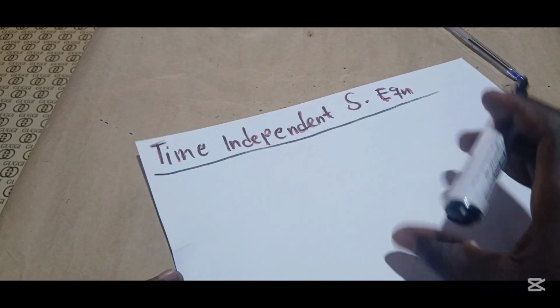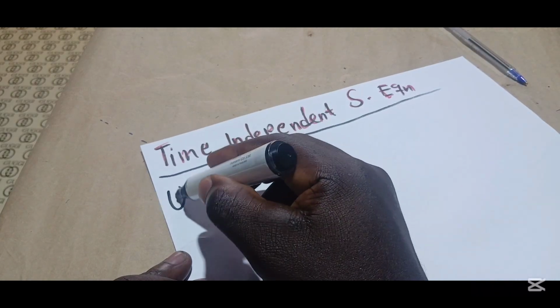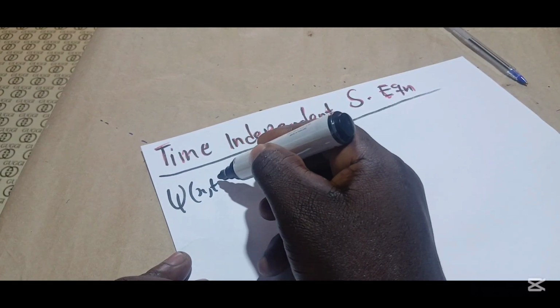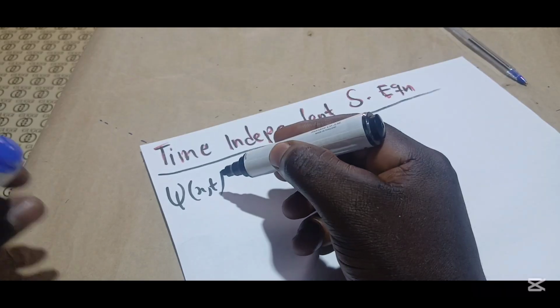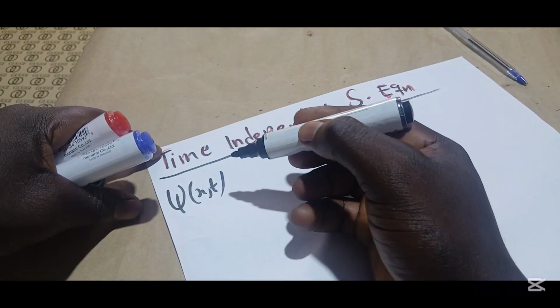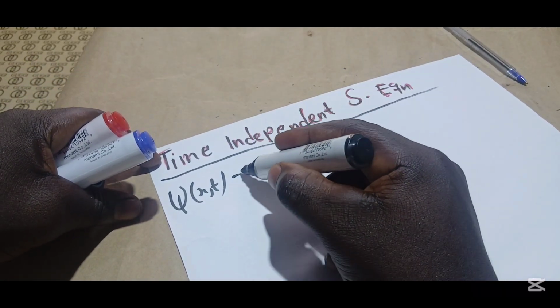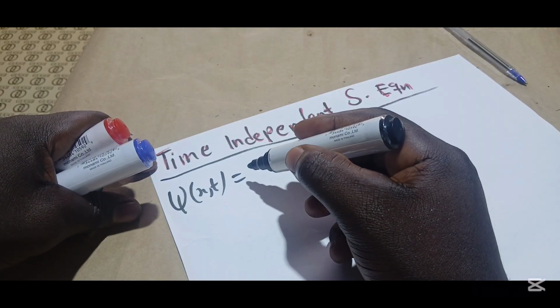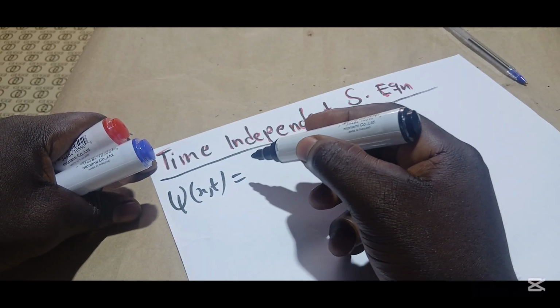We said our wave function earlier, the function which describes the behavior of an electron, has the time part and the spatial part.